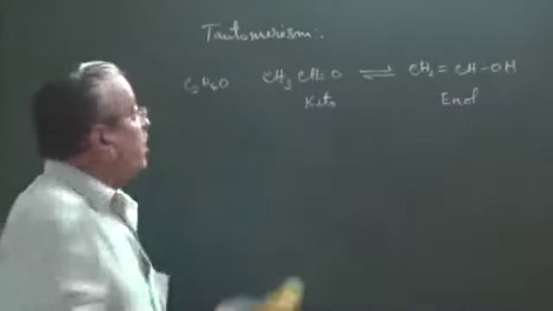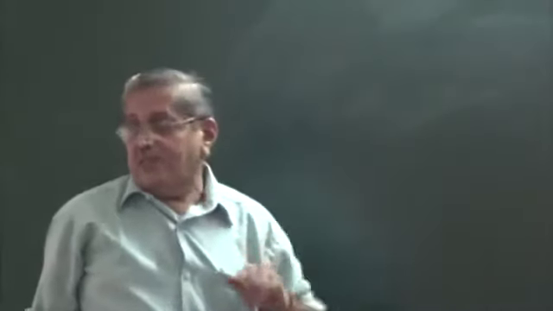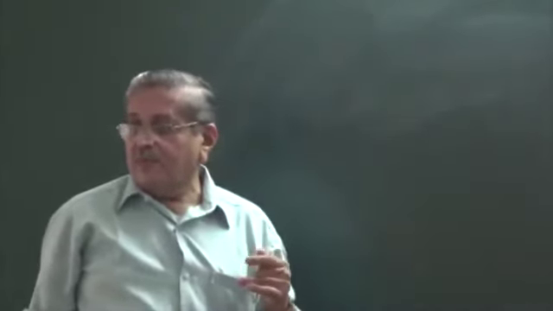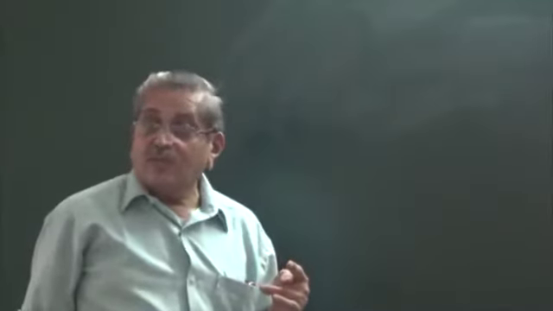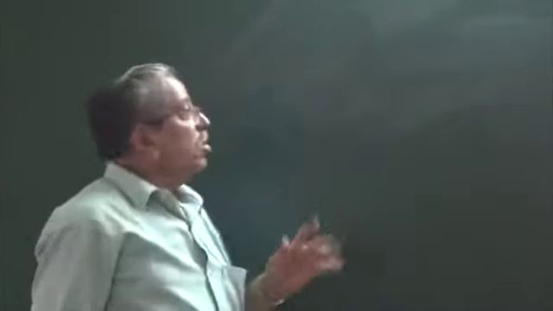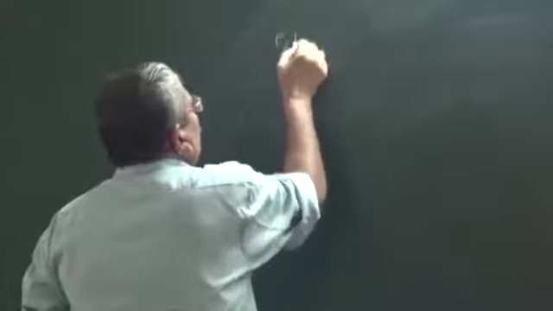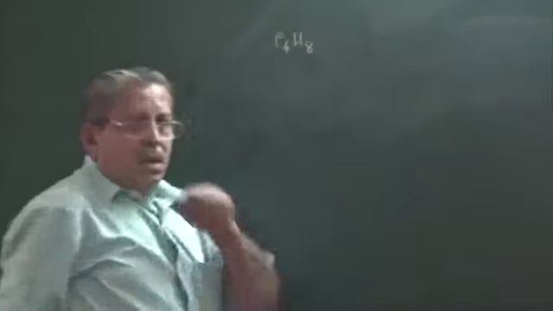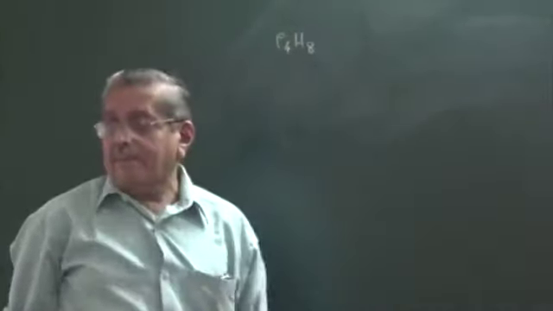What is geometrical isomerism? Now, under geometrical isomerism, let us see the explanation. Have you studied about geometrical isomerism, cis-trans isomerism? Yes. So if you take C4H8, it is called butene.